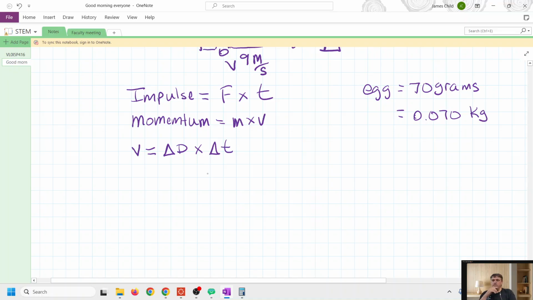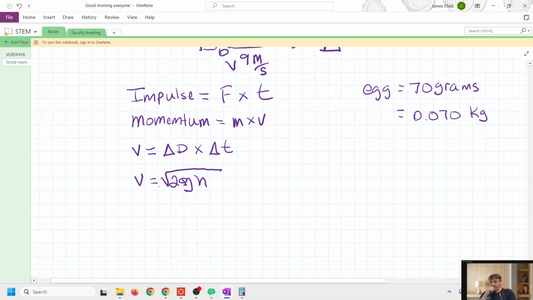We could figure that out, but there's another formula I would prefer to use, and that is velocity is equal to the square root of 2 times gravity times the height. The g is the acceleration due to gravity, okay?